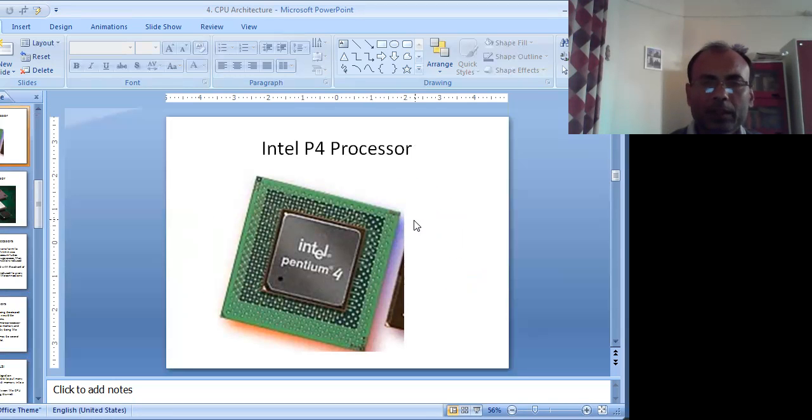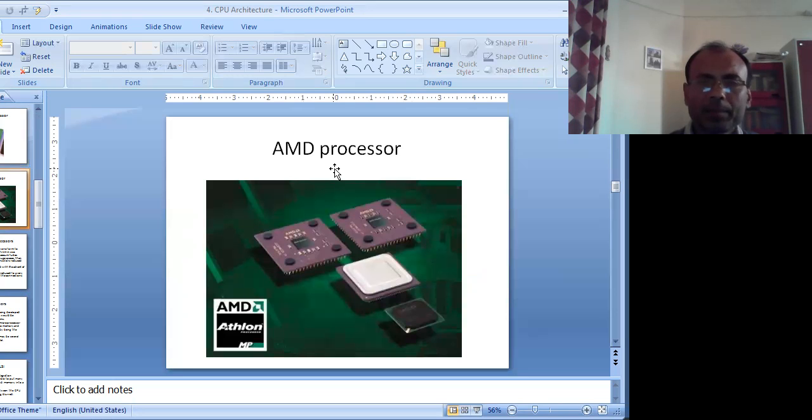This is a processor chip, the Intel P4 processor, a microprocessor chip consisting of many pins, each having its own purpose. Similarly, the processor from another company, the AMD Athlon, looks like this. These are only an overview; the pictures don't show the internal structure of the CPU, only how a processor looks.